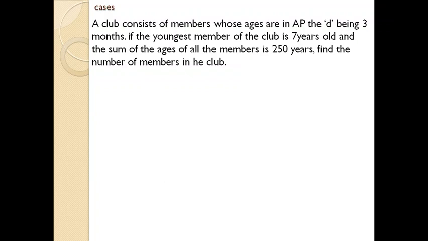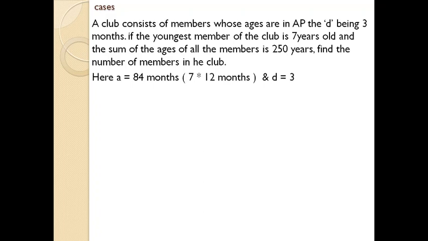Okay, we can extract the available values in the question. Here A equal to 84 months. There are no details regarding 84 months, but you need to convert to the month scale, because in the question the common difference D is given in 3 months, and the rest of the values are given in years.